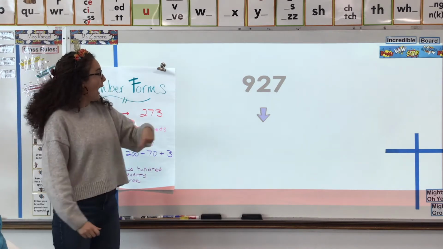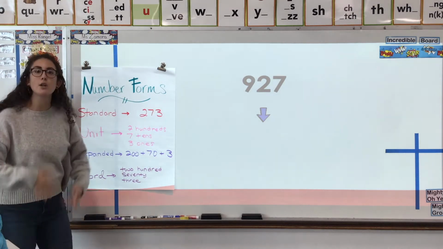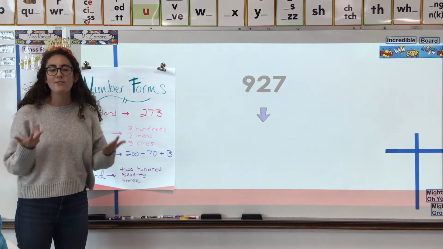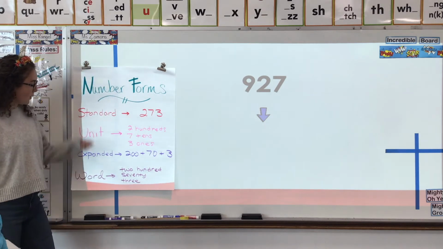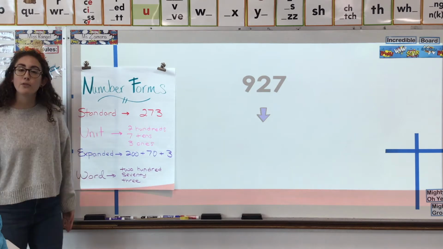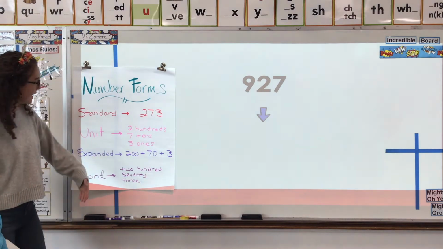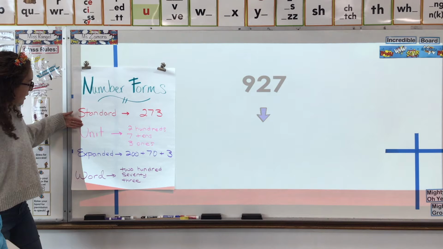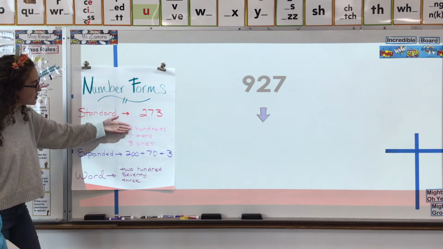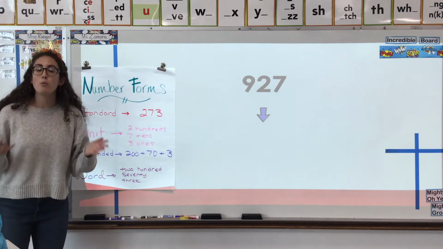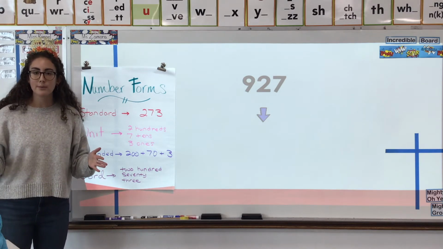Okay, so up here I have written out a little poster, a guide that you can use during your quiz to help you out. So we have the names of the 4 forms written right here: standard, unit, expanded, and word. And next to it is the example that we were practicing just now.